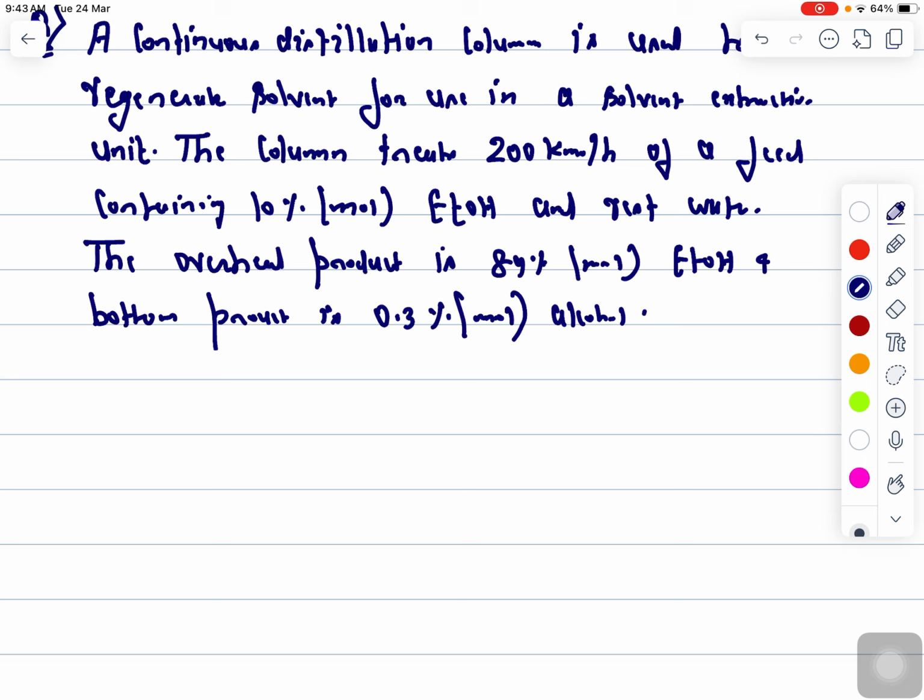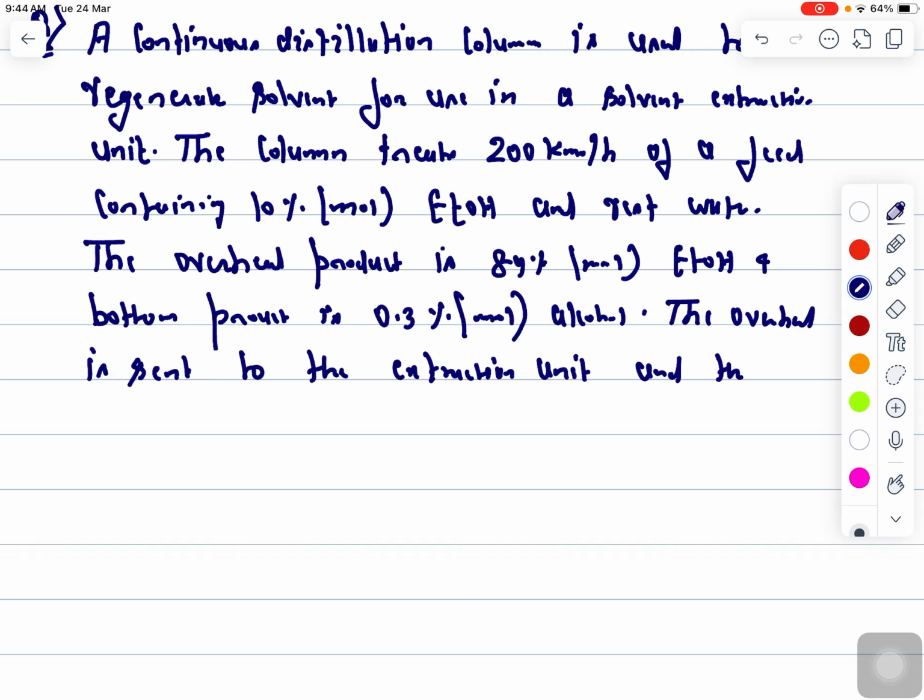So you are supposed to calculate the daily requirement of makeup alcohol in the solvent extraction unit. Now what is happening here: the overhead is sent to the extraction unit, and the bottom is wasted, right?